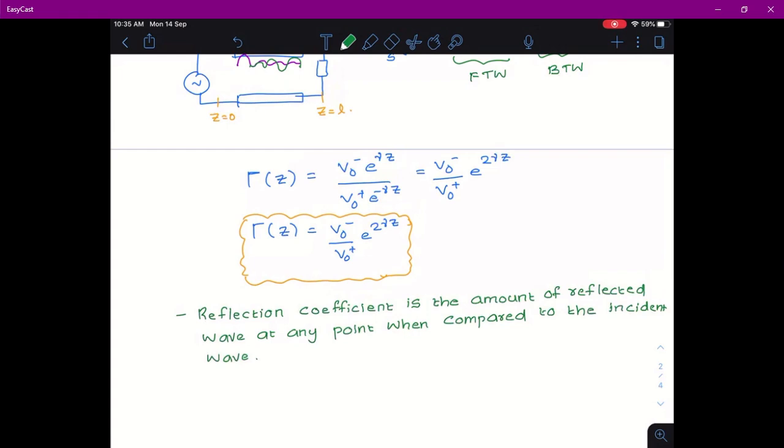So, if I say the reflection coefficient is 0, that means there is no reflection, all the wave incident has been transmitted. If I say the reflection coefficient is 1, which means whatever wave has been incident has been reflected. Okay.